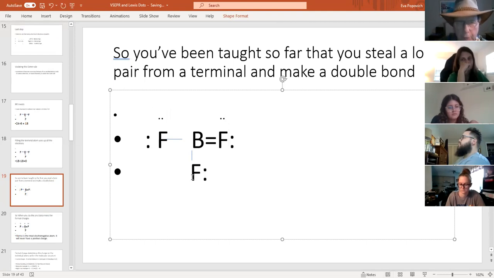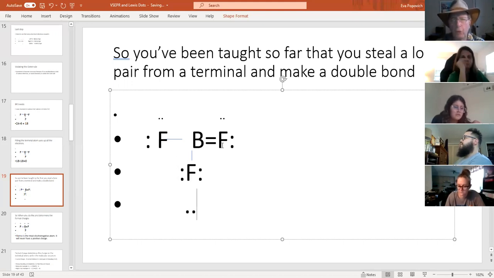I know it doesn't look pretty, but you're going to have to deal with it, okay? And we're going to go down here. I know it's not pretty, but that's the way it is. This fluorine has 2 lone pairs on it and a double bond.